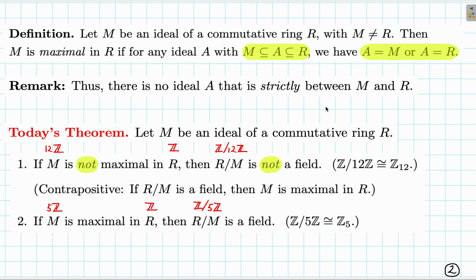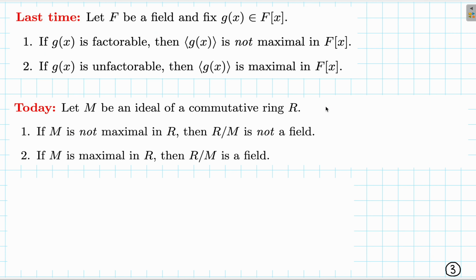And what's the upside of this theorem? Well, let's put it all together. Last time, we proved the following theorem. Let F be a field and fix a polynomial g(x) in F[x]. If g(x) is factorable, then the ideal (g(x)) is not maximal in the polynomial ring F[x]. If g(x) is unfactorable, then (g(x)) is maximal in F[x].